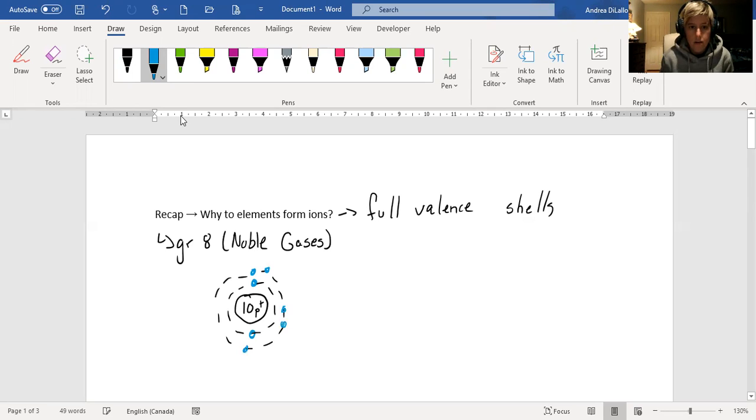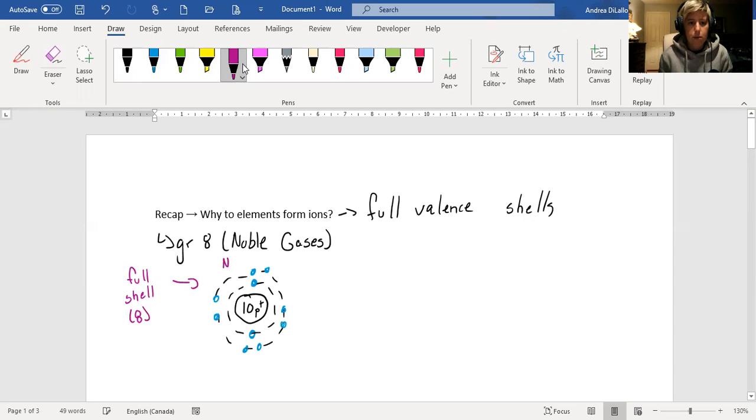So whenever an element is forming an ion, it's trying to get to the same configuration of electrons that noble gases have. And that configuration is that it has a full shell. In this case, our full valence shell is our magic number of 8.